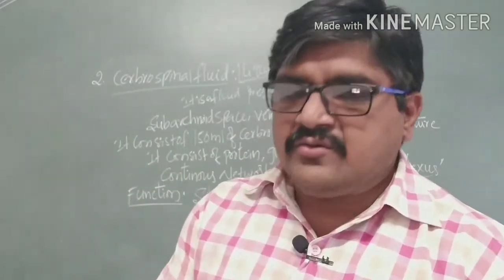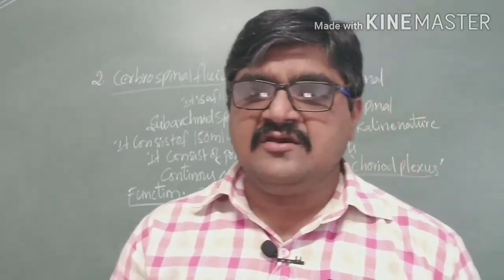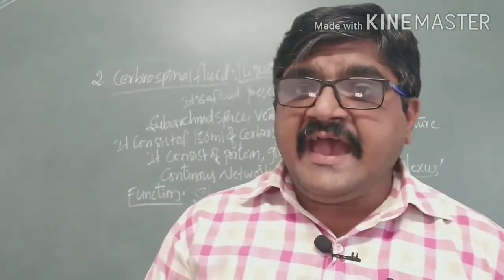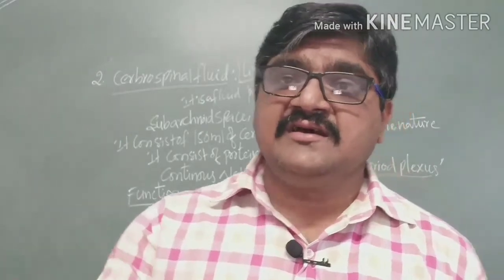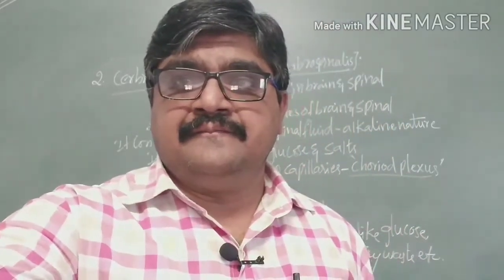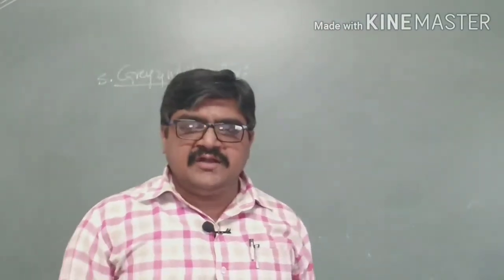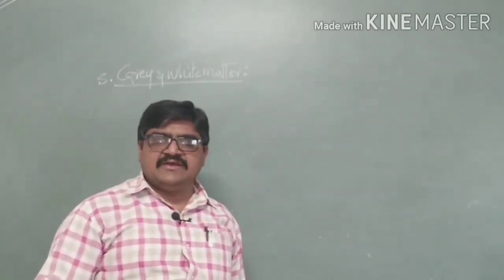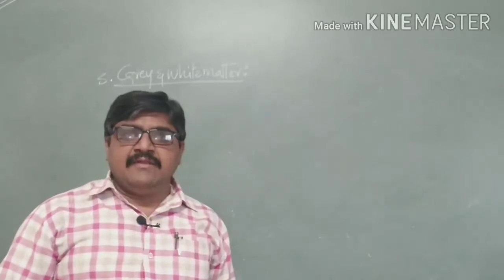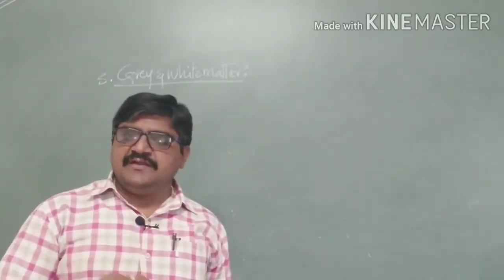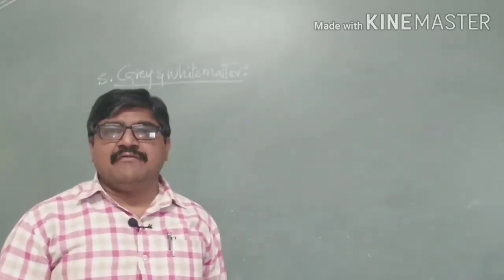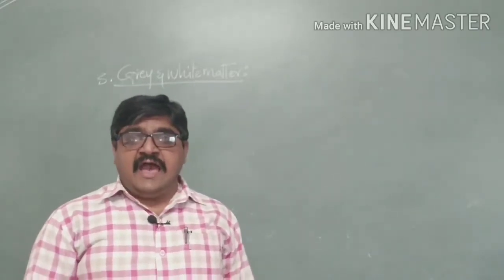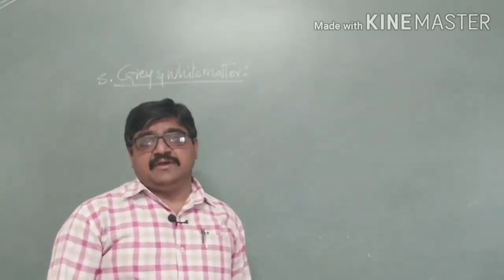Next, coming to the third one, that is the grey and the white matter. In the cerebrospinal fluid, the exchanging of materials takes place between the blood and the nerves, and the third one is the grey and white matter.